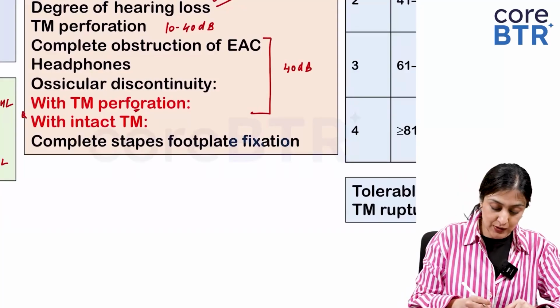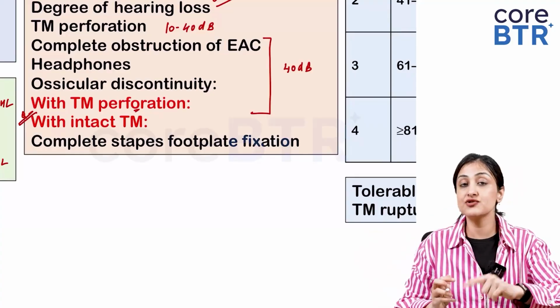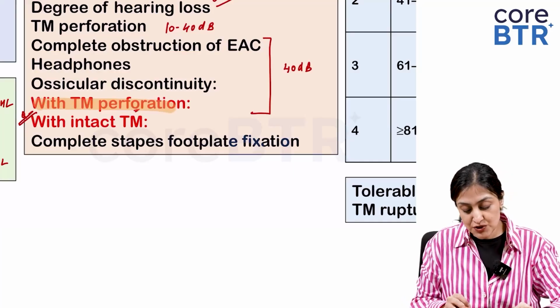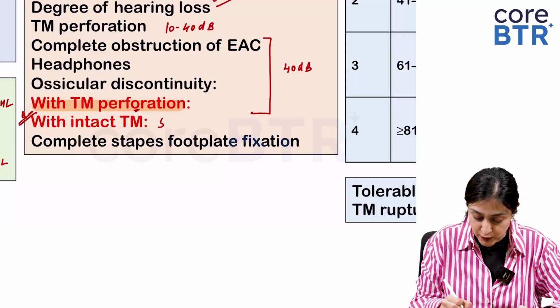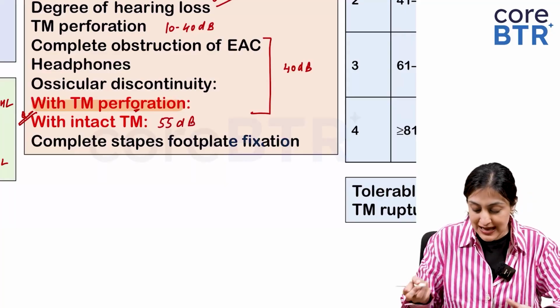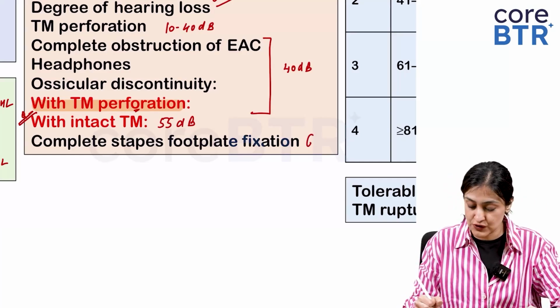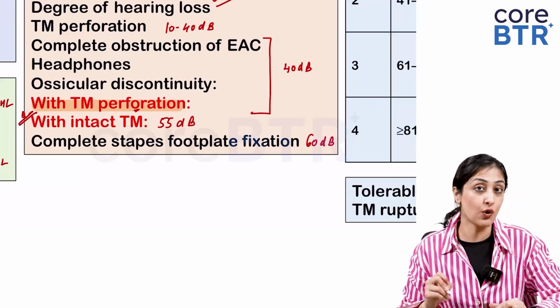But look at what is ironical. Tympanic membrane is intact, but the ossicles are destroyed, higher hearing loss. So when this is also damaged, lesser. But when that is intact, now the hearing loss is 55 decibels and maximum is complete stapes fixation, which is otosclerosis, 60 decibels. So remember in this order.